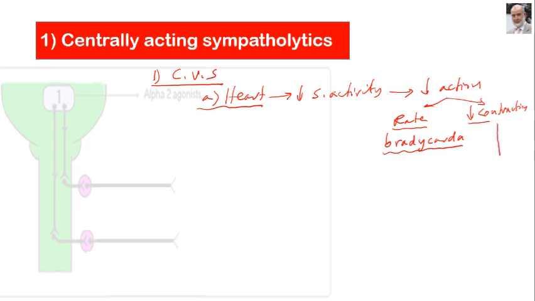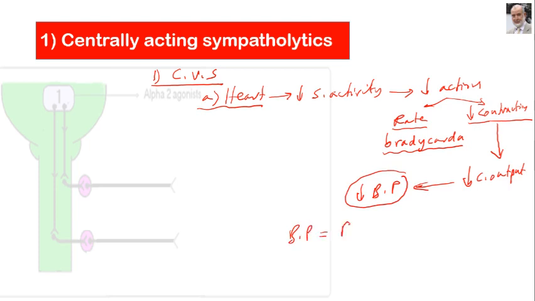If they decrease contraction, what will happen to the cardiac output? Decrease the cardiac output. If cardiac output is decreased, what will happen to the blood pressure? Decrease in blood pressure. Because, as we have said several times, blood pressure is the product of two factors: peripheral resistance multiplied by cardiac output.